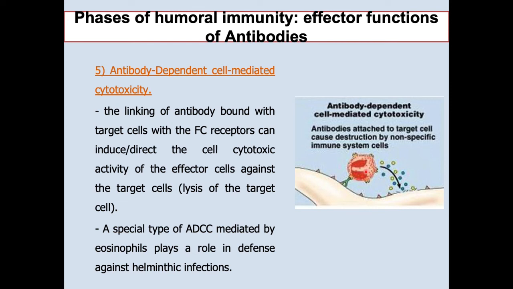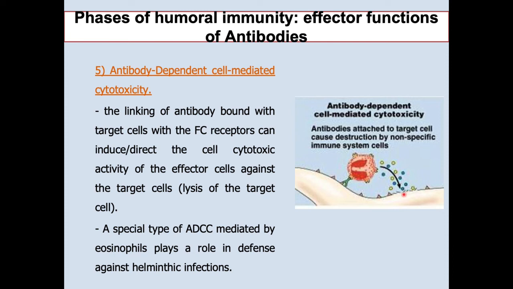After the NK cell recognizes the antibody bound to the antigen, it will release cytokines, signals, specifically known as interleukin 2. This interleukin 2 will act against the bacteria to undergo cell lysis.